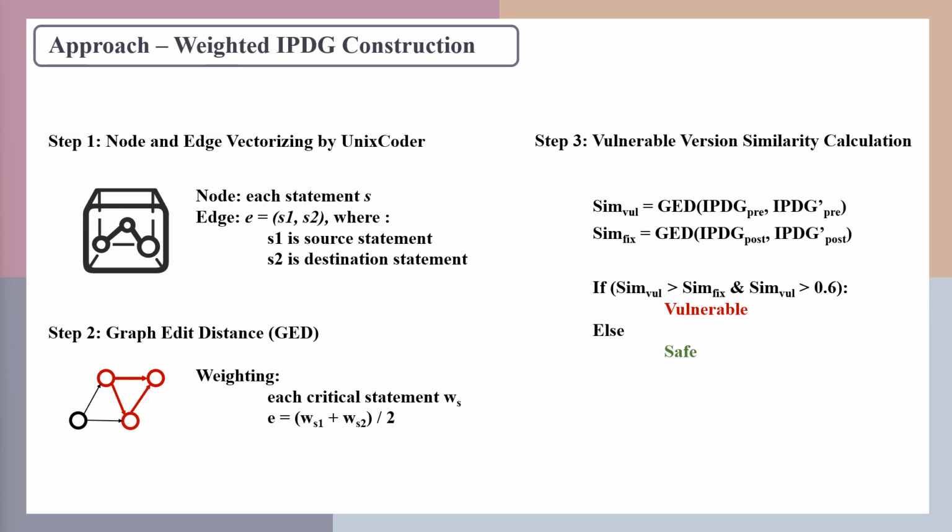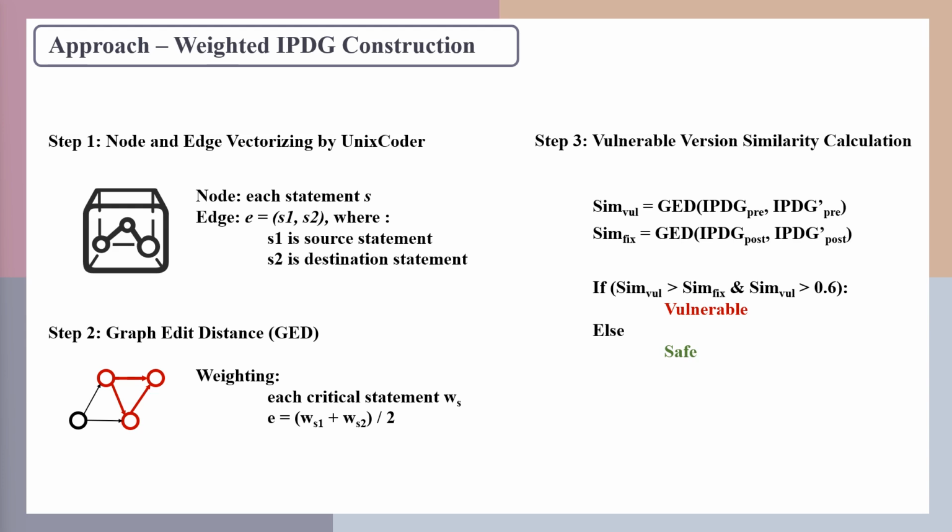After that, the vulnerability signature IPDG pre and the patch signature IPDG post are constructed. Then Vision maps the critical functions and critical statements to the target repo and runs the same pipeline mentioned before to construct the potential vulnerability signature and the potential patch signature.